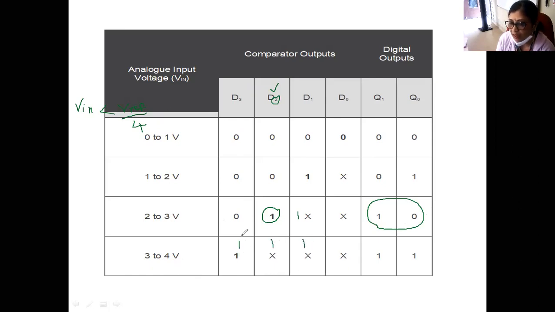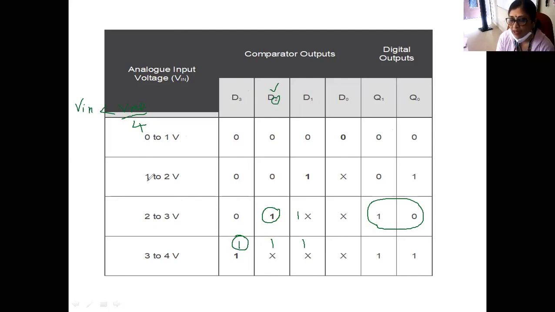In this case, the priority of the third input will be highest as compared to the other two, and therefore the binary code equivalent of the third input will be produced, which is equal to 1, 1.